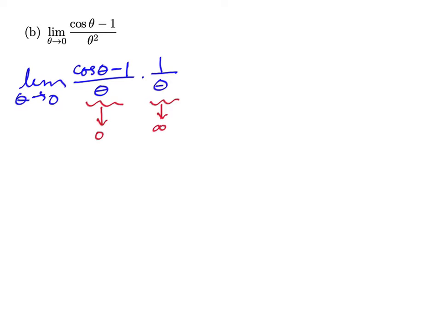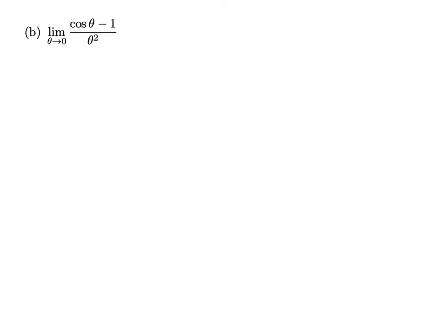So this is another indeterminate form, something getting really tiny, approaching 0, multiplied by something getting really huge. We don't know what's going to happen. So this is an indeterminate form, and we will learn later how to deal with it. But for now, we can deal with this problem using the other limit formula.